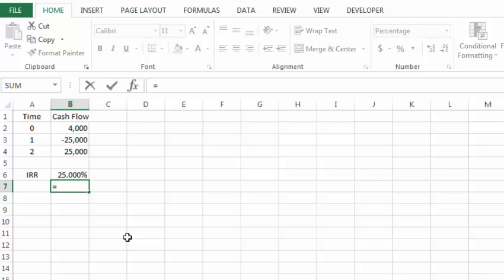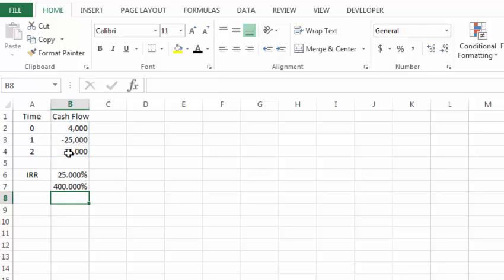Now I'm going to say equal IRR, and this time I'm going to use that guess. So I'm going to highlight those, put a comma there, and say this time try something out there about 200%. Notice I'm not even halfway there. I'm going to say enter, and it gives me the 400%. It's giving me both roots, and by the way, if you tried 300%, because I've tried this before, it will go give me something real.